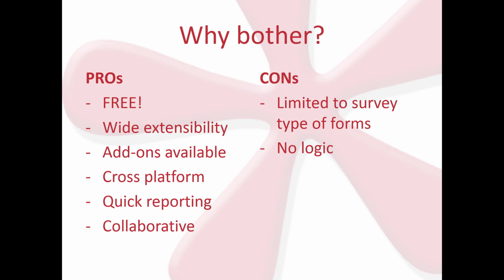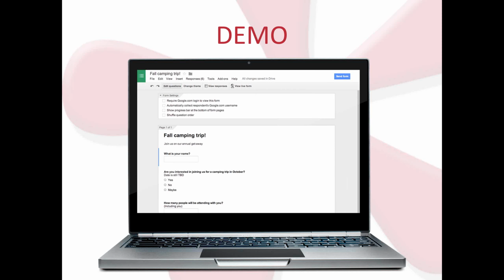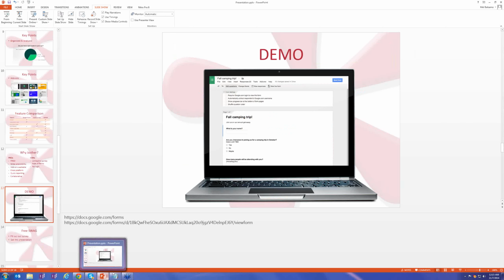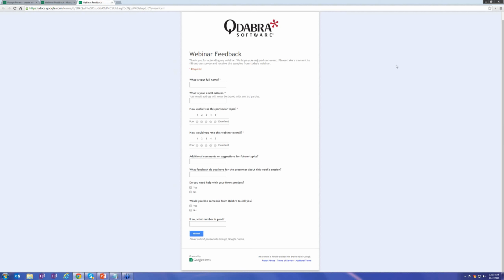All right, so without further ado, I'm going to show you how things look behind the scenes. So let's move on to our demo. Okay, so I hope you can see the form that I created.